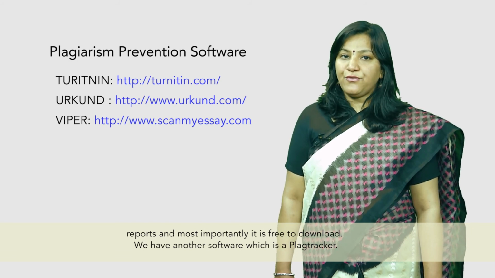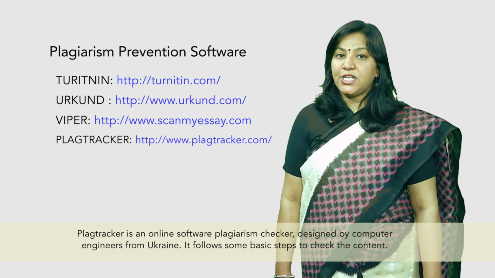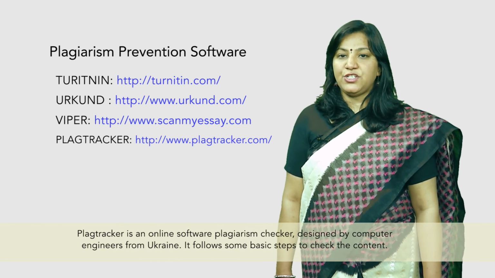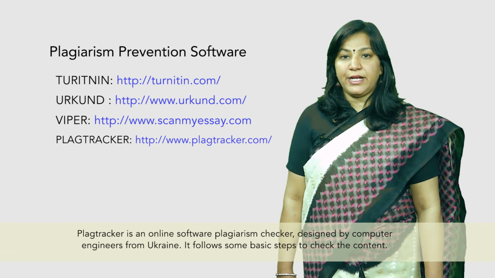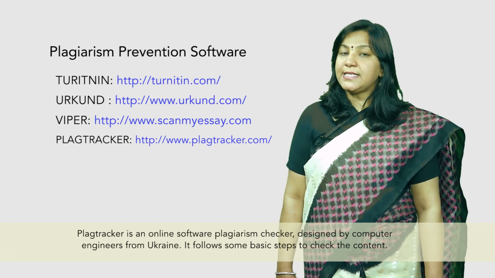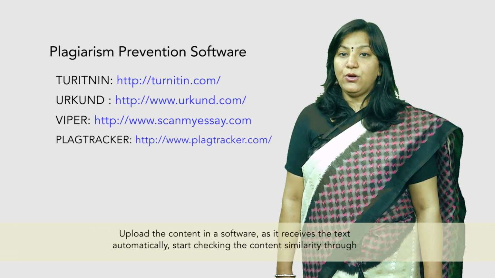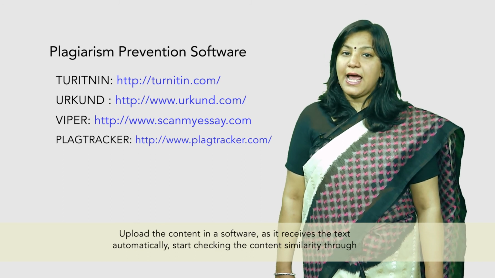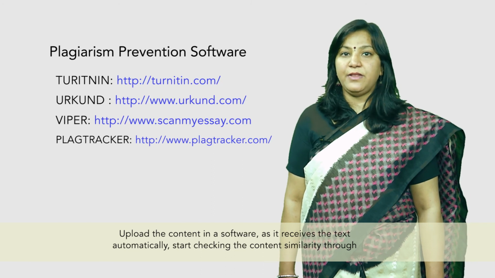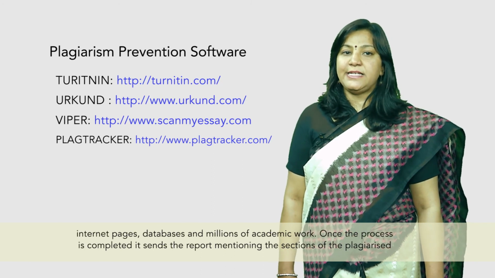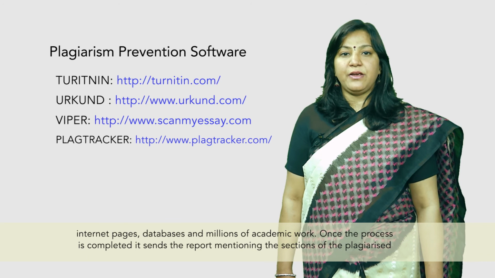We have another software which is PlagiarismChecker. PlagiarismChecker is an online plagiarism checker designed by computer engineers from Ukraine. It follows some basic steps to check the content. Upload the content in the software as it receives the text automatically. Start checking the content similarity through internet pages, databases and millions of academic works.